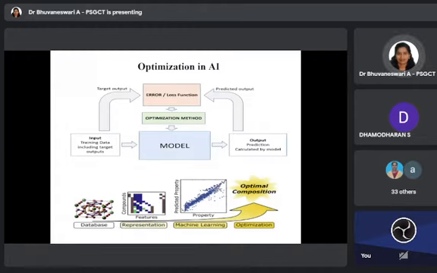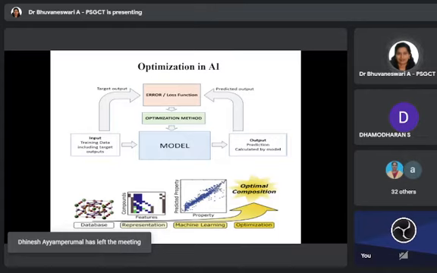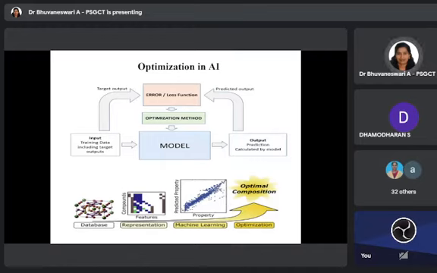However, when you go for advanced models like deep learning and reinforcement learning, optimization plays a major part in the prediction output process. Okay, so this is the pictorial representation of the process.